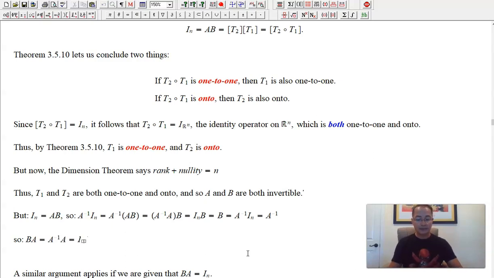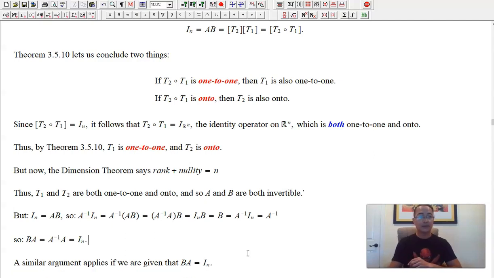And again, we get the identity. So there you go. We have both equations. If A times B is the identity, then B times A is also the identity. And of course, an identical argument applies if you have B times A is the identity.